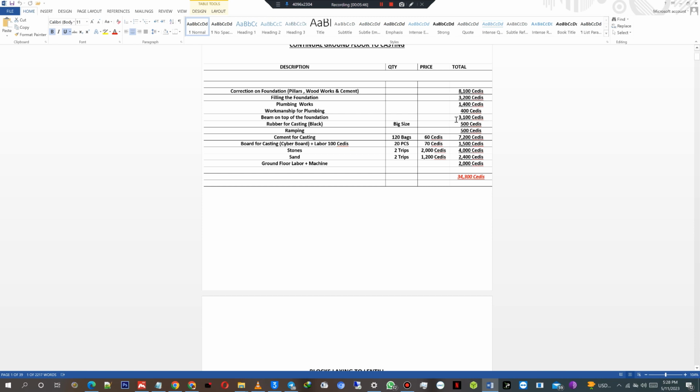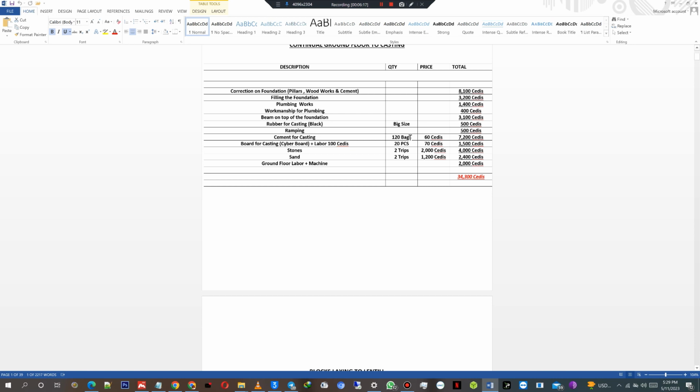I also made a complete beam on top of the foundation, which cost me 3,100 Ghana cedis plus workmanship for the steel work. I bought a DPM rubber, black, big size, which cost 500 Ghana cedis, and the compactor took 500 Ghana cedis. The cement for casting the ground floor took 120 bags because of the beam placed on top of the foundation.